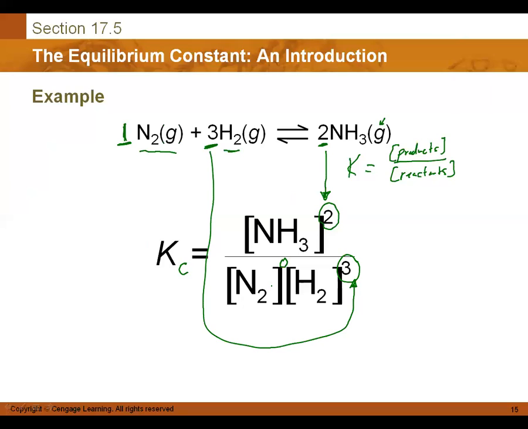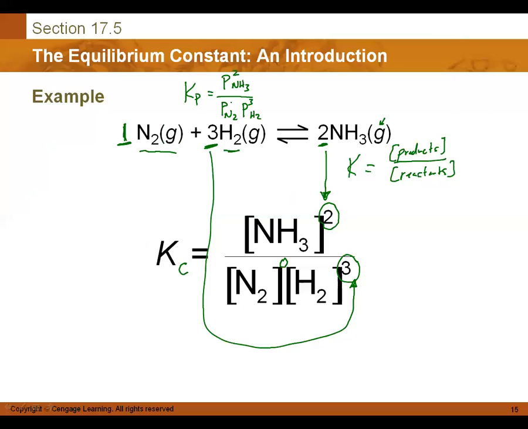So sometimes you'll see people say this is the Kc, and the C really just sort of stands for concentration. You could also do one which we're not going to get too much into, which is known as the Kp. Because all these are gases, you could write the pressure squared of NH3 divided by the pressure of N2 times the pressure cubed of H2. So these are the partial pressures.